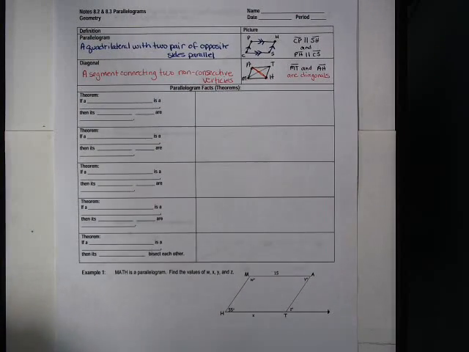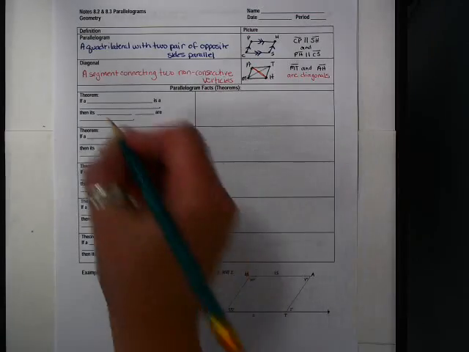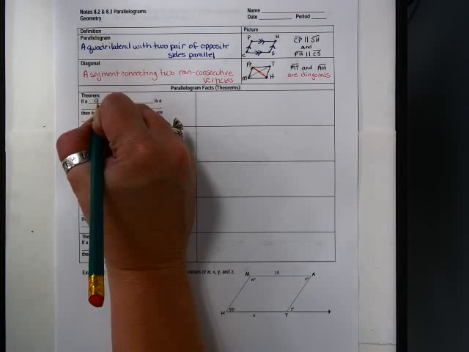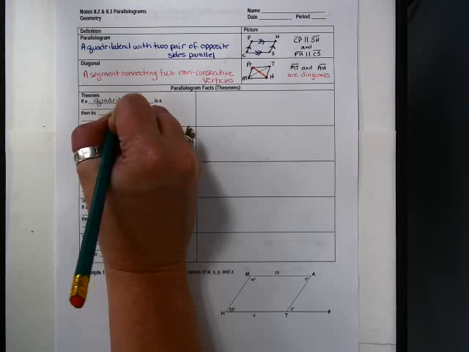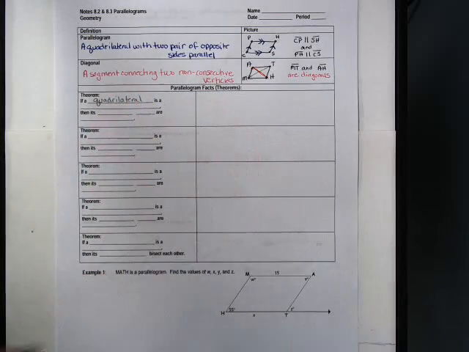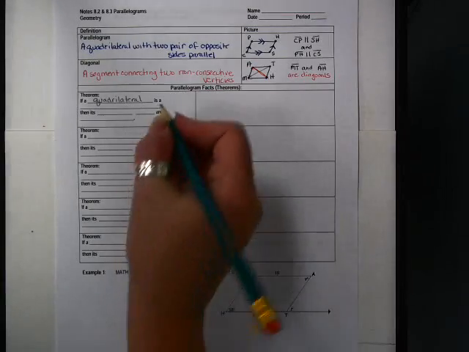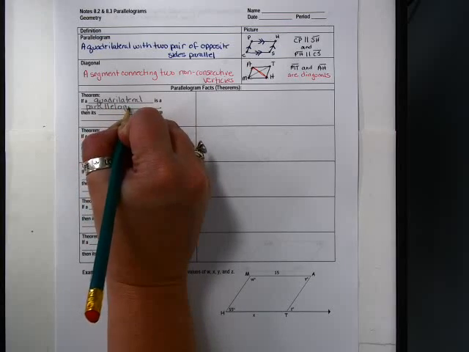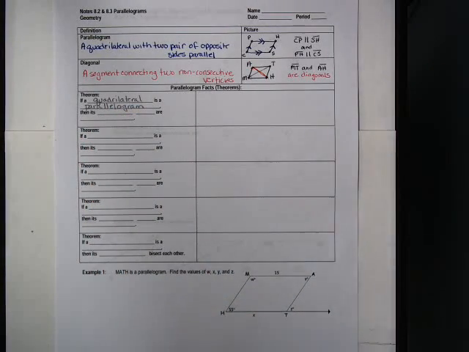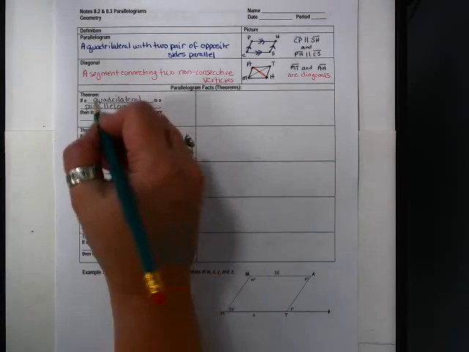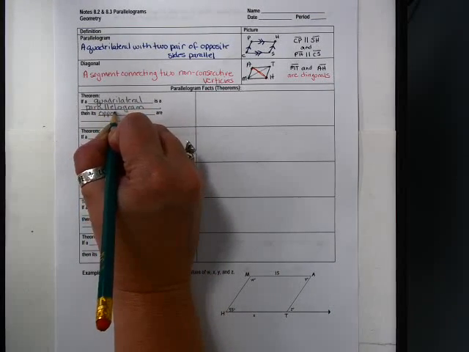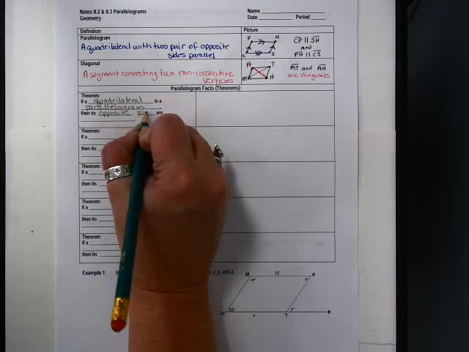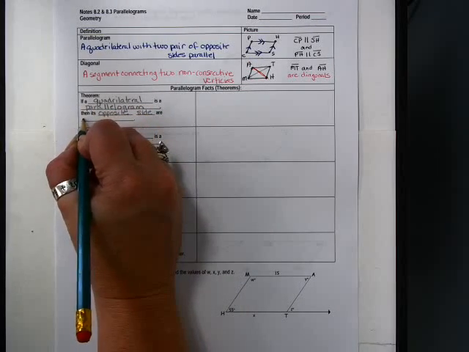Okay, we have some facts that come from the theorems about parallelograms. The first theorem states if a quadrilateral, a four-sided figure, Q-U-A-D-R-I-L-A-T-E-R-A-L, for those of you that don't know how to spell it, is a parallelogram, P-A-R-A-L-L-E-L-O-G-R-A-M, then opposite sides are parallel.